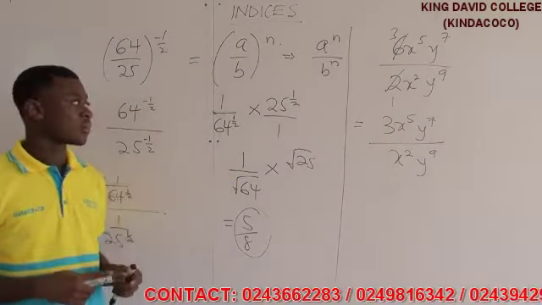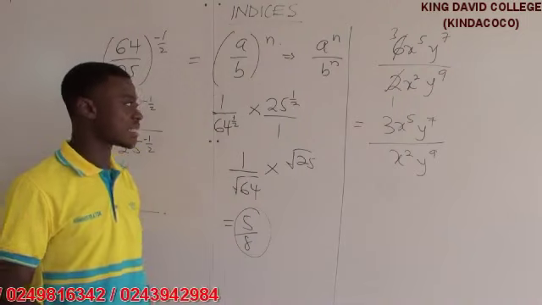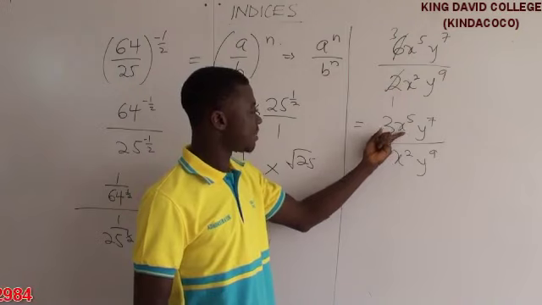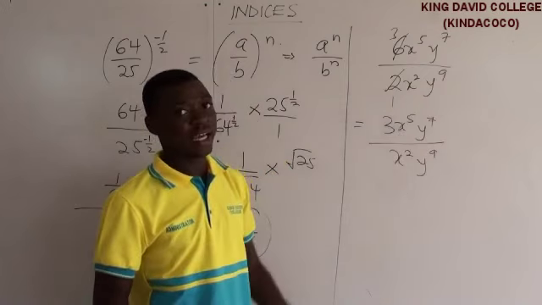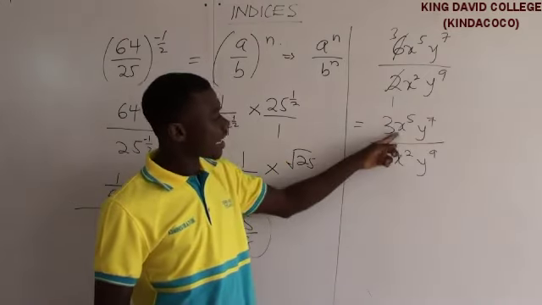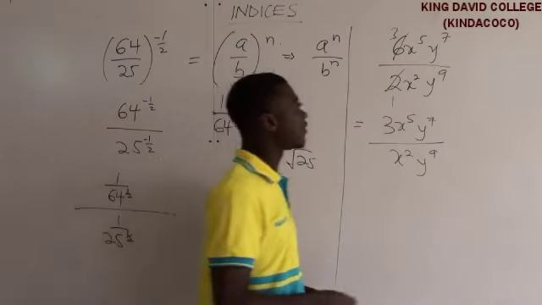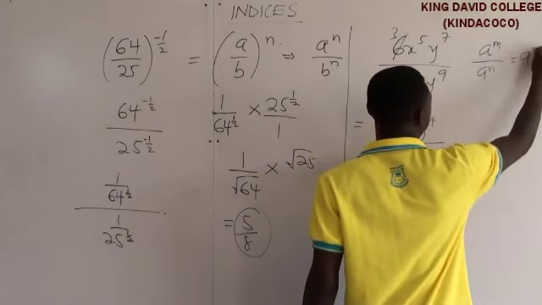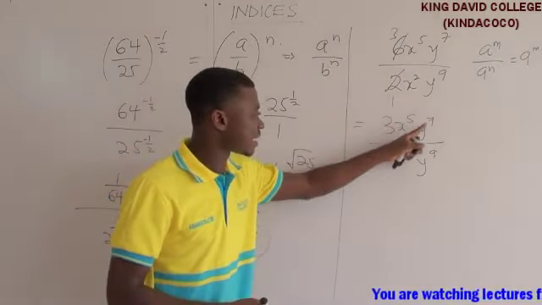Now, you remember the division law of indices says that when two indices are dividing and the bases are the same, treat this as if there is no 3 and no y. So we are dealing with only the x's. x to the power 5 is being divided by x squared. We remember that if we have a to the power m divided by a to the power n, the answer is a to the power m minus n. That is also what is going to happen here, for both the x and the y.